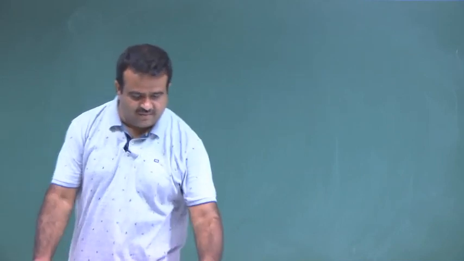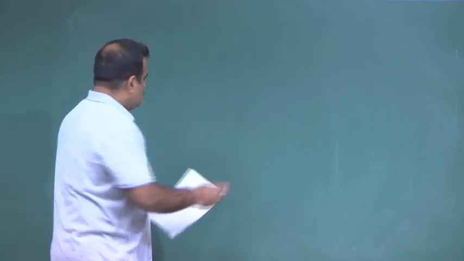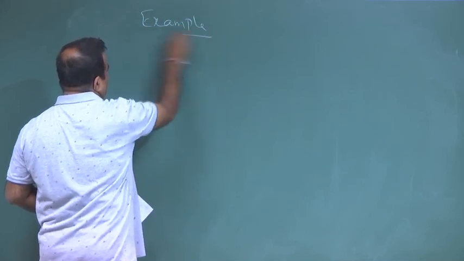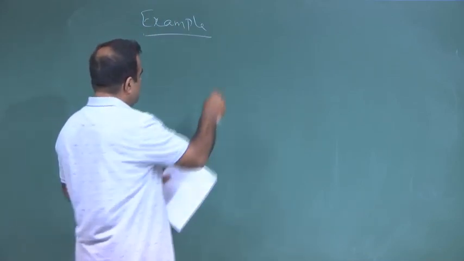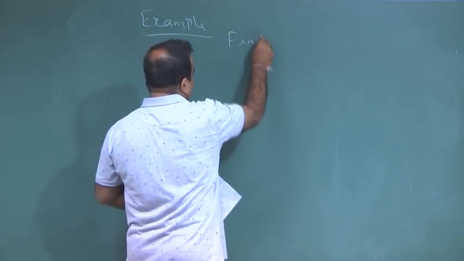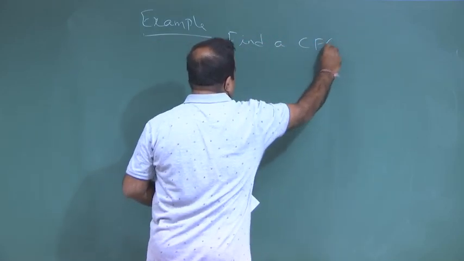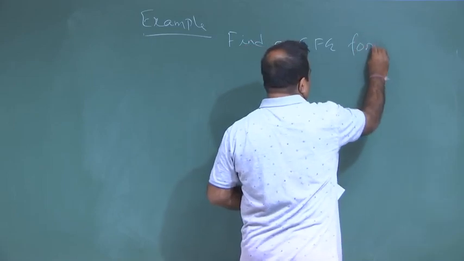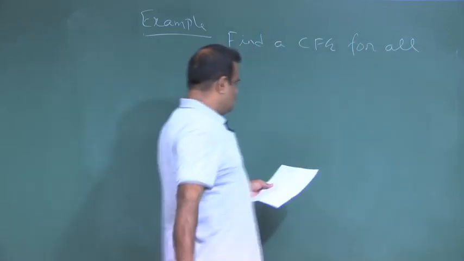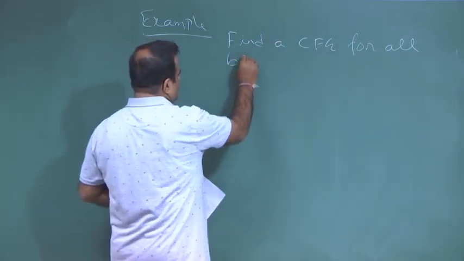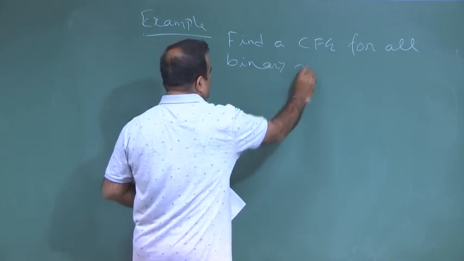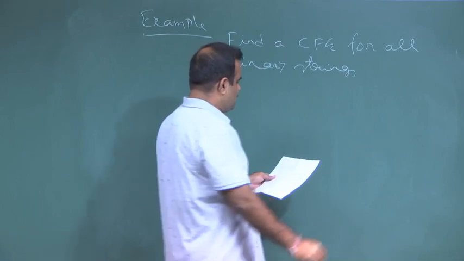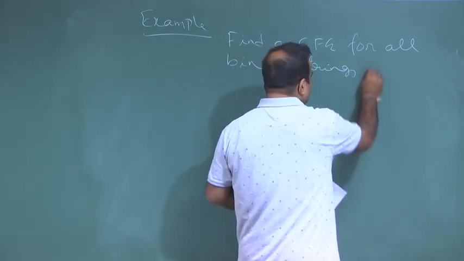Find a context-free grammar for all binary strings with an even number of zeros.